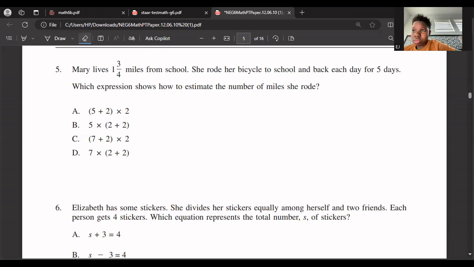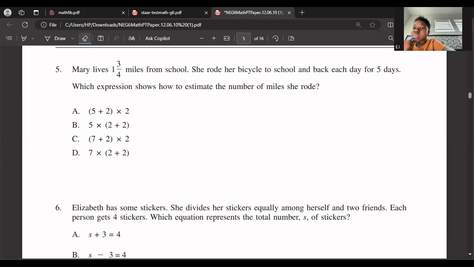Estimate implies something close to the actual value, not quite the actual value, okay? So let's do this. 1 and 3/4 is like 7/4. But the issue here is about estimates, something close to the actual value, not quite the actual value.